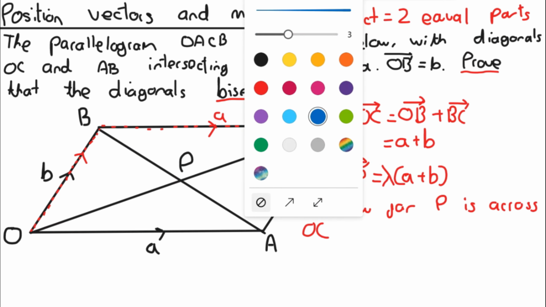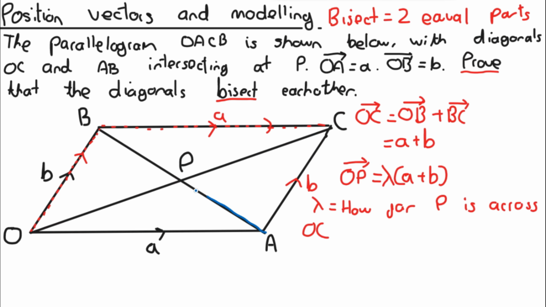Okay, now let's do the other diagonal. Let's do AB here. And let's find the vector for AB. So AB is equal to, so let's start from A, let's go across like this here, and this is AO, and we're going in this direction, and it's going to be plus, and we're going to go up like this, OB.